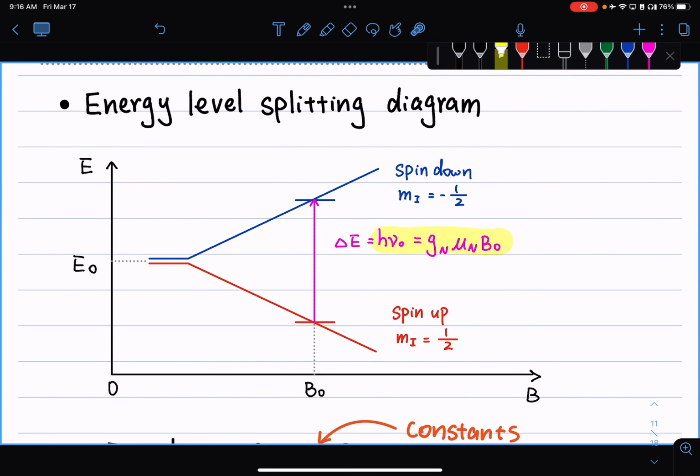I'm never going to ask you to solve the spectrum. I only ask you to know the very fundamentals of NMR, what we are measuring. We're measuring the nuclei spin. How we're measuring it is we apply a magnetic field onto these nuclei, and the nuclei react differently. That energy splitting is what we're measuring. With that energy splitting, we get information about the local magnetic field strength.